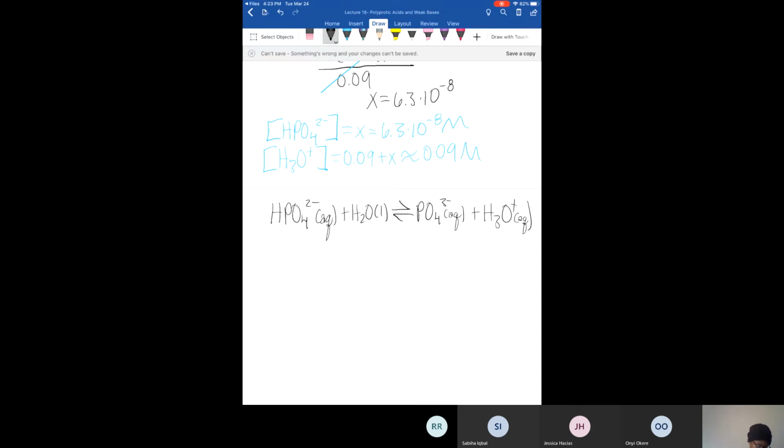Okay, so your concentration of HPO4 2 minus is 6.3 times 10 to the negative 8. You get 0, and you have still about 0.09, so minus x, plus x, and plus x. And now you have 6.3 times 10 to the negative 8 minus x, and 0.09 plus x.